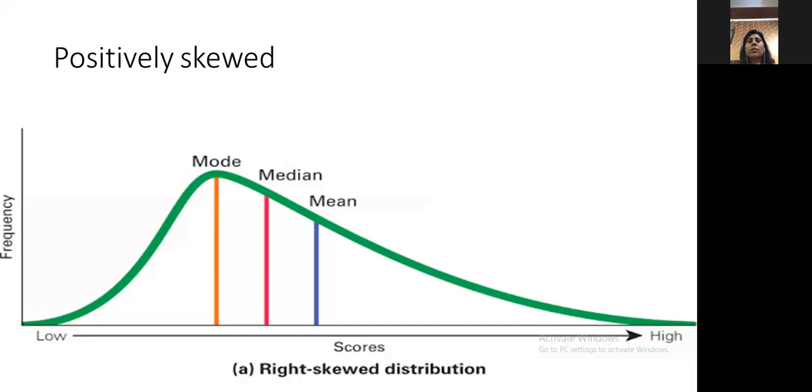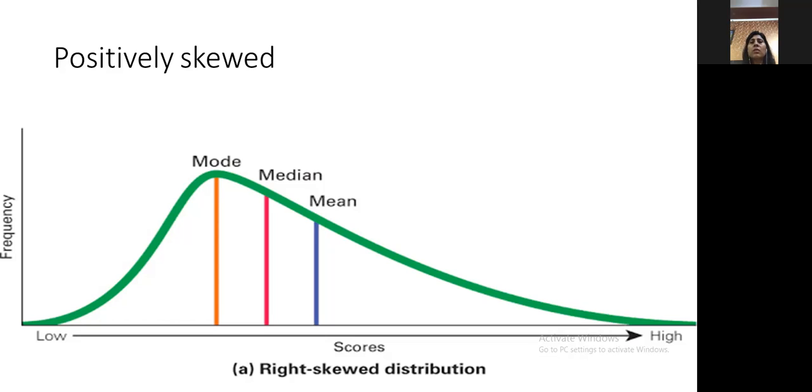The next is the positively skewed curve. Why are we saying it is positively skewed? The first reason is that you can see the mean, median, and mode are at separate positions. And the tail of the curve is extended to the right of the axis, and the right of the axis shows us positive skewness.